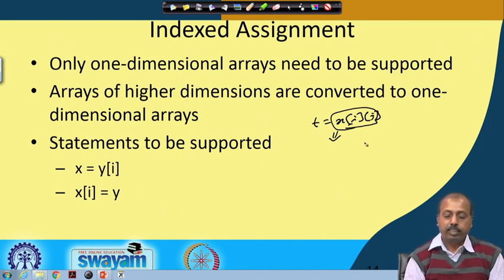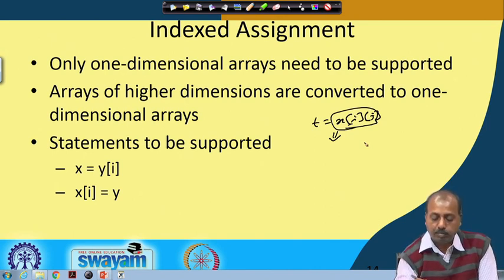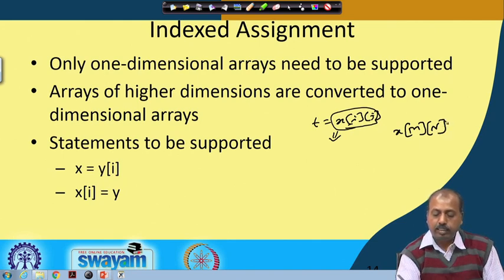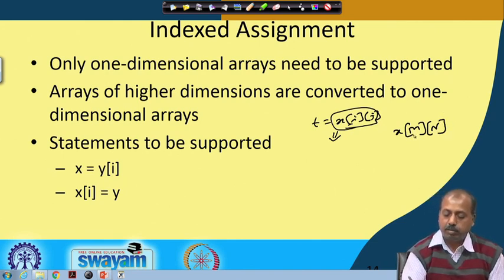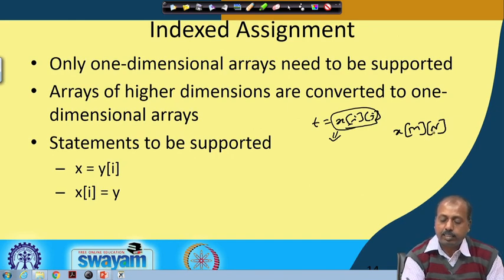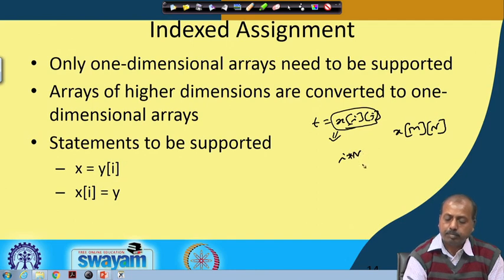So, that can be done. In fact, if the array is of dimension, say, capital M by capital N, then each x axis is having n such entries. So this is i into n plus j.